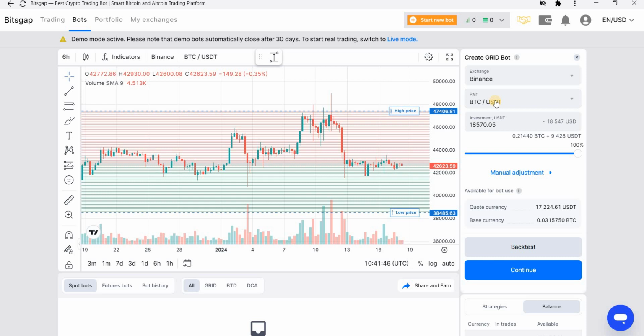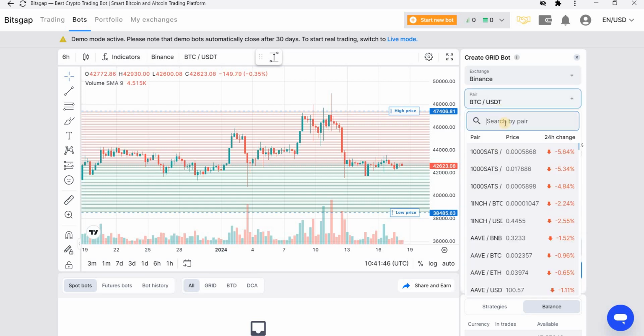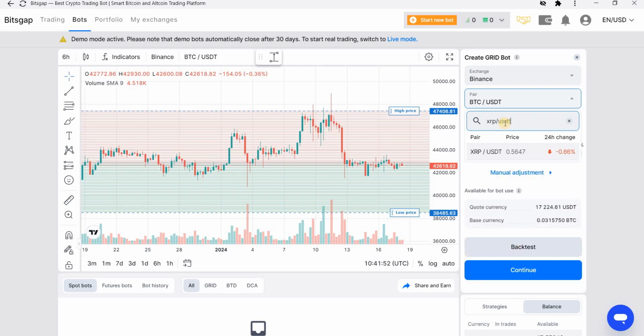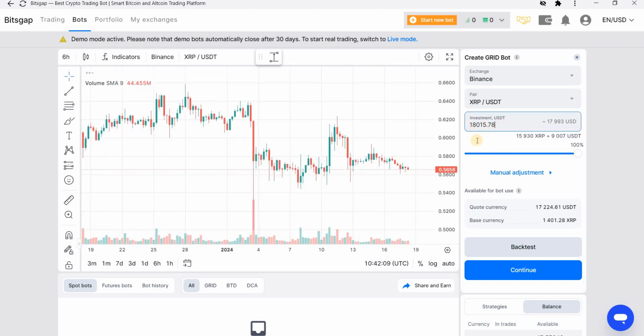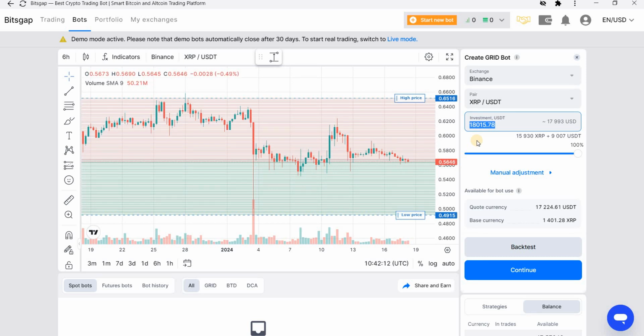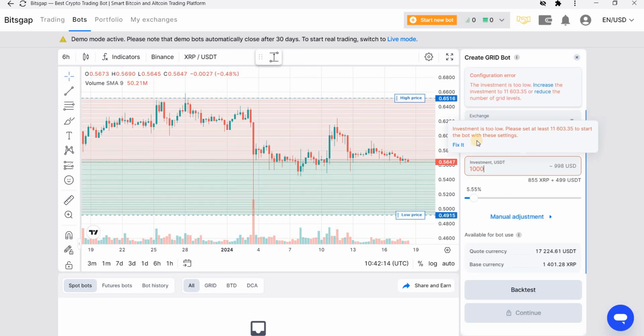Right, so first we have to select the pair. So XRP. Right, the investment amount, obviously that's a personal issue depending on how much you'll be investing. But for this example, we'll just set it as $1,000.